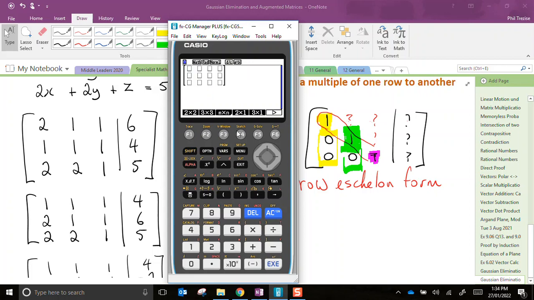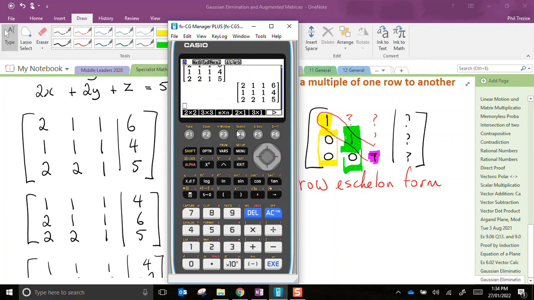So there it is. I'll enter the original augmented matrix: 2, 1, 1, 6, using the right arrow to move, then 1, 1, 1, 4, and then 2, 2, 1, 5. There's my matrix.